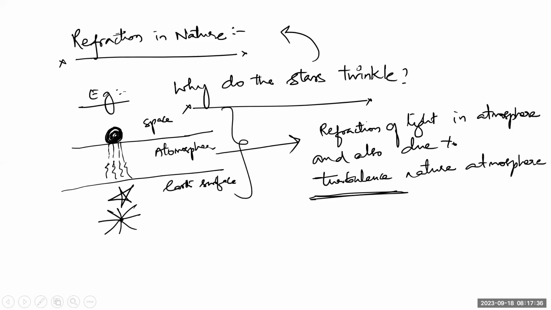Let me say in the atmosphere there is one particular point. If light or wind is passing through this point, every time the same amount of light will not be passing through that point. So what is actually happening?